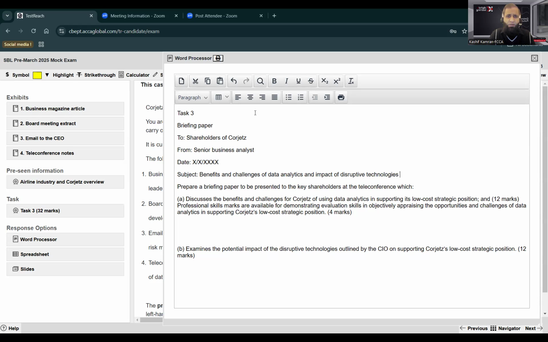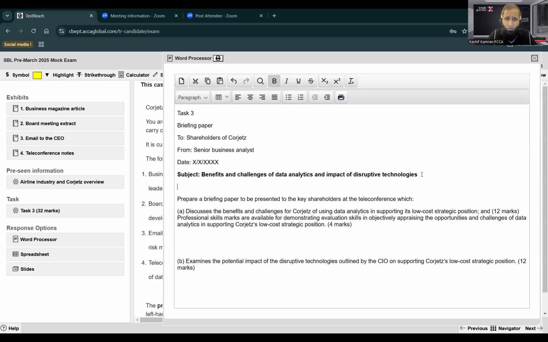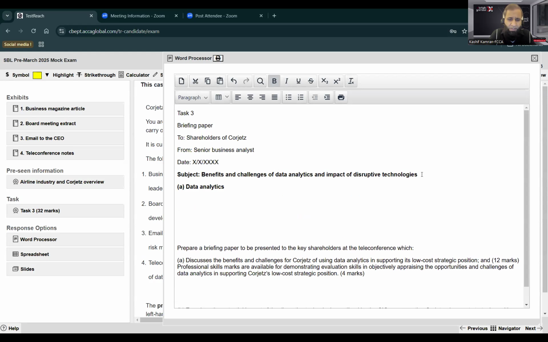So that's what we are looking for, right, in terms of the subject. Now, under the subject, we know briefing note does not start with an introduction. So you will directly start with the heading number 1. Your heading number 1 would be data analytics. And your heading number 2 would be disruptive technologies.